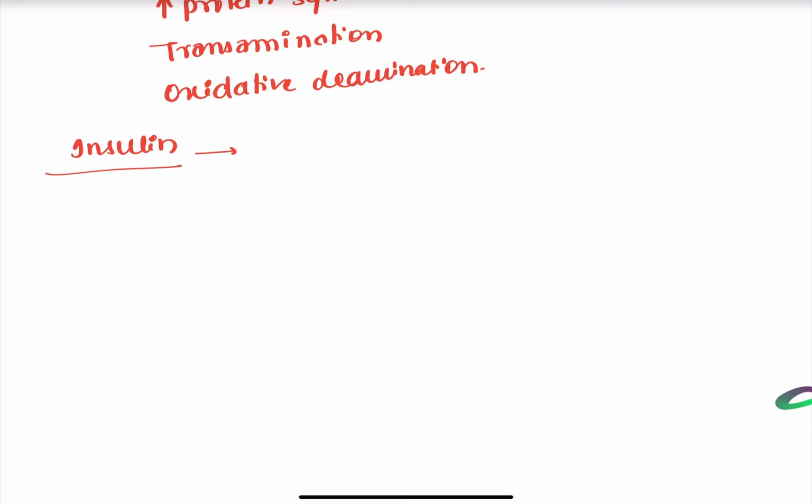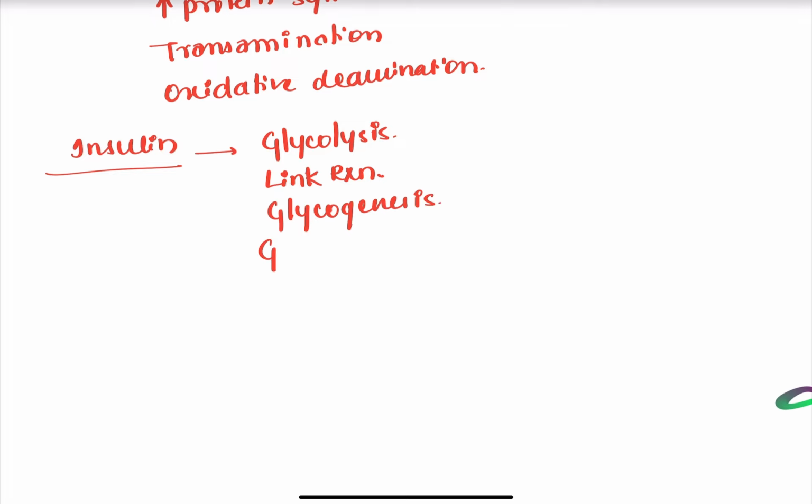Insulin favors glycolysis, link reaction, then glycogenesis, not gluconeogenesis, glycogenesis, fat formation, and so on.